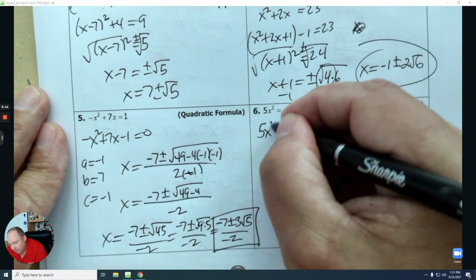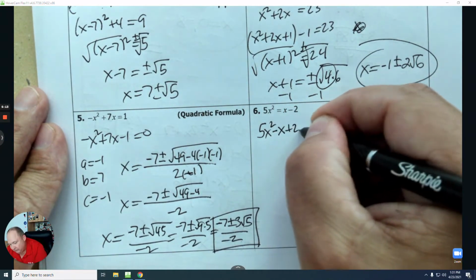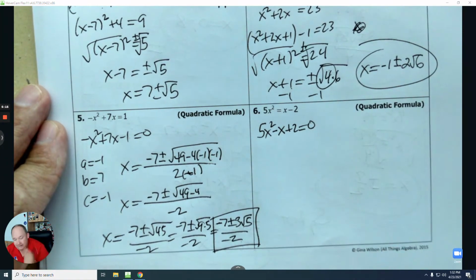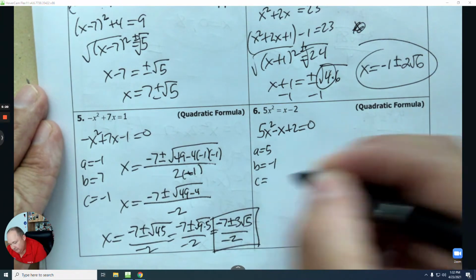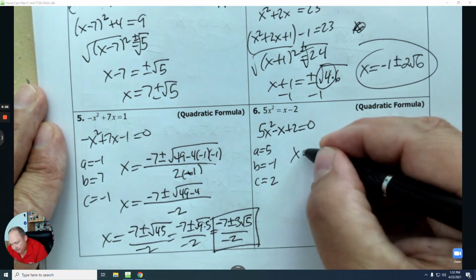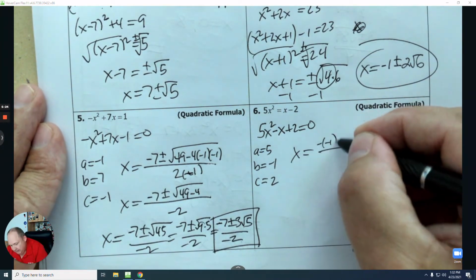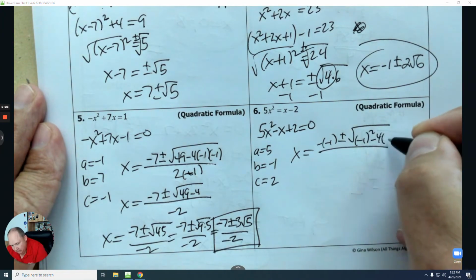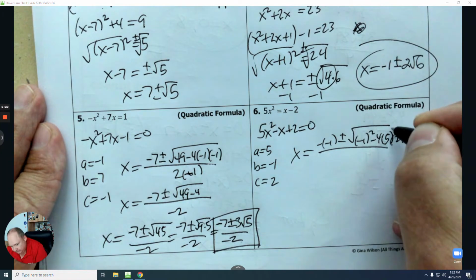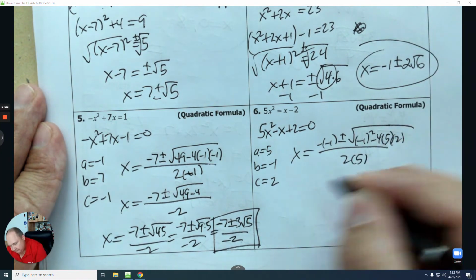Number 6, I'm going to use the quadratic formula. So I need to make it equal to 0. Subtract x, add 2, and now write down what a equals, what b equals, what c equals, and now use the quadratic formula. That's negative b plus or minus the square root of b squared minus 4ac all over 2a.